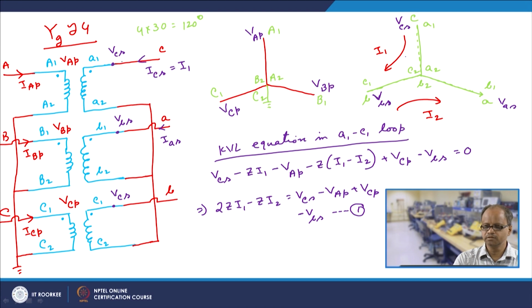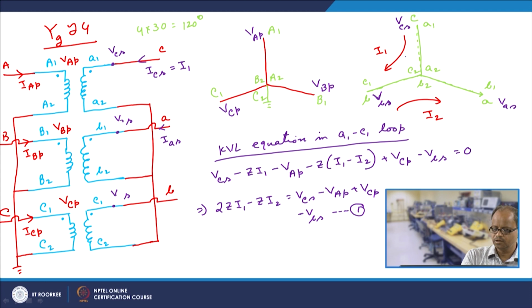So voltage is VCS, current is ICS, and this is phase A. B1 is phase A, so this should be VAS. There is a mistake. Should be VAS, should be VBS.